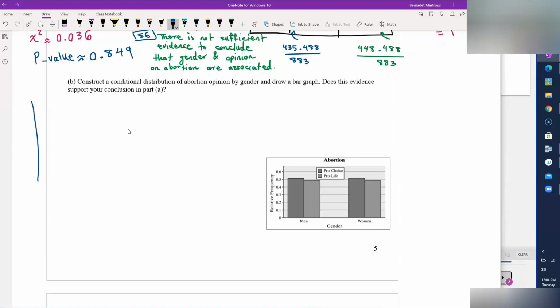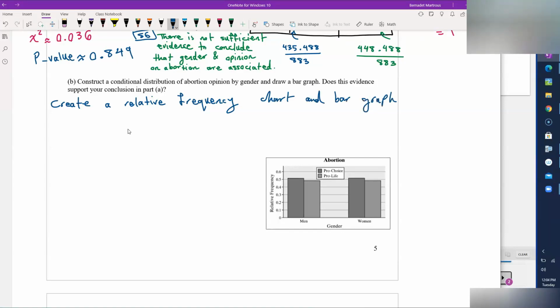I'm going to draw this box. Okay, before that, let me explain what we're going to do. We're going to create a relative frequency chart and bar graph. So again, we already have the bar graph here.